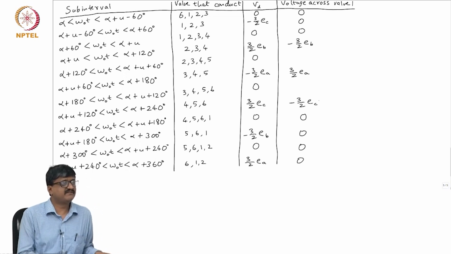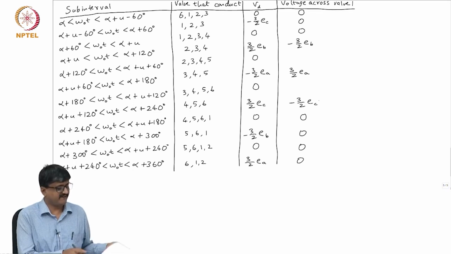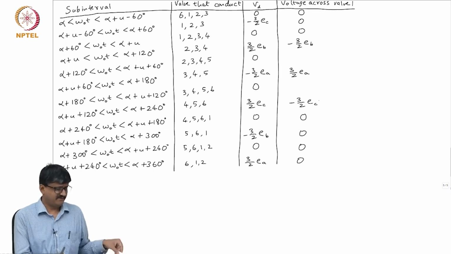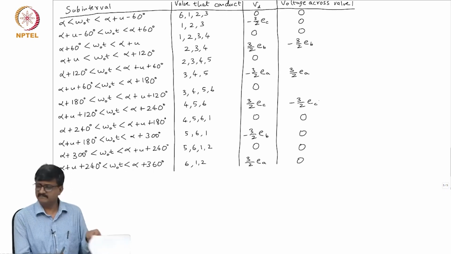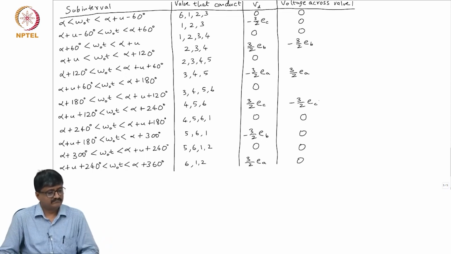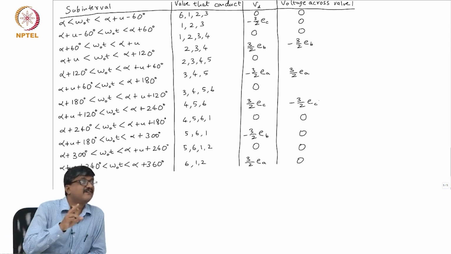The question is what is the voltage across valve 1? If it is 0, why is it 0? Yes, 4 is conducting.